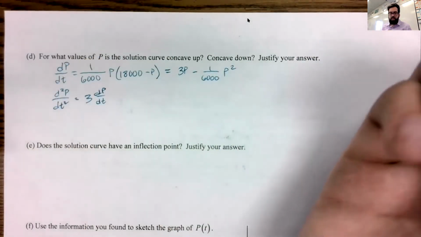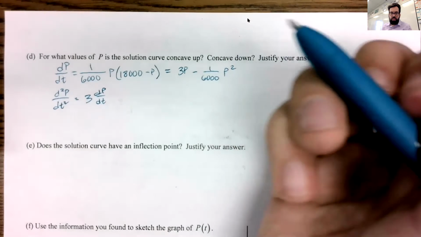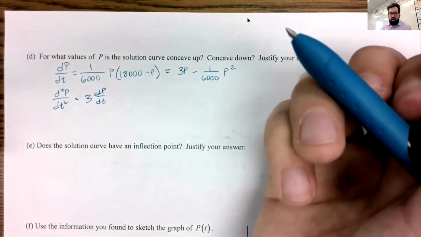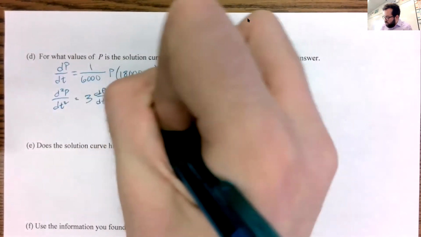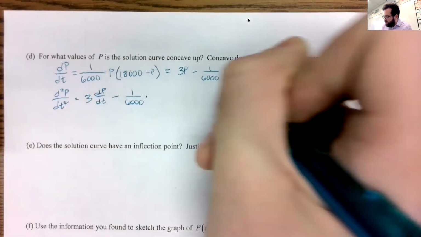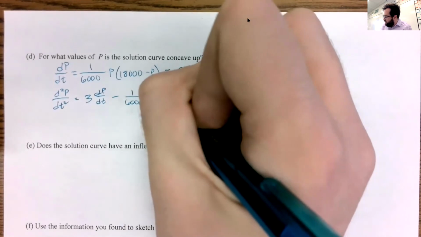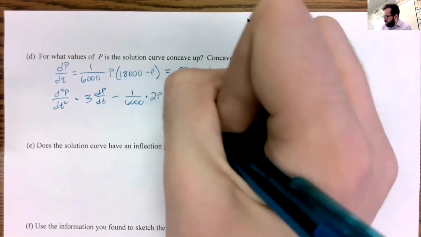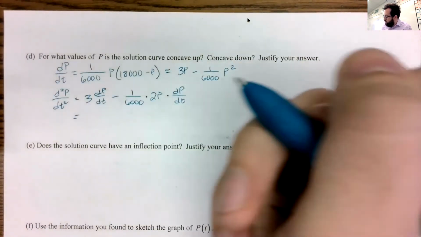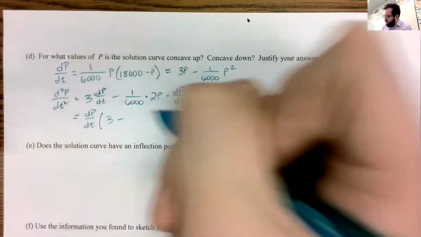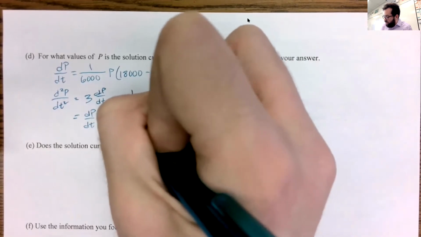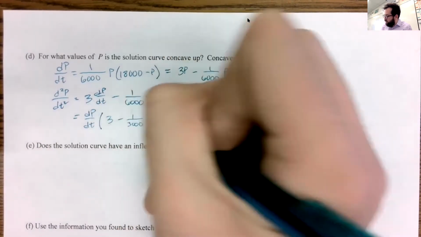Remember, the P is technically the y value, so we're going to have to use implicit differentiation here. And it's going to be minus 1 over 6,000 times 2P times dp dt, which we could factor out the dp dt from and get 3 minus 1 over 3,000 P.